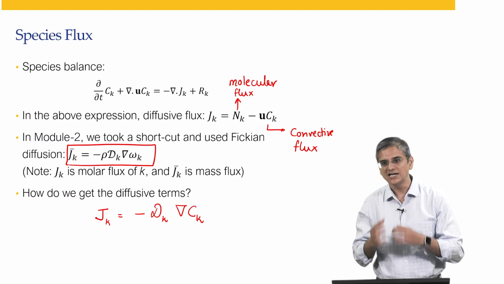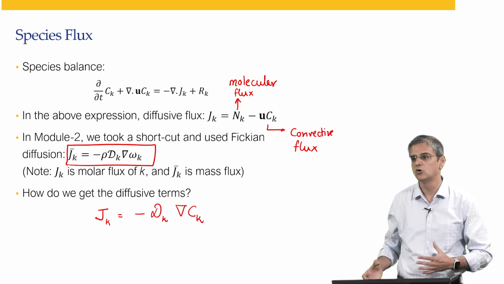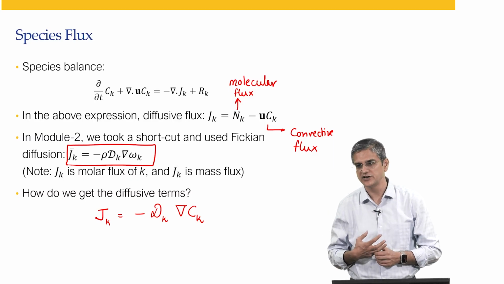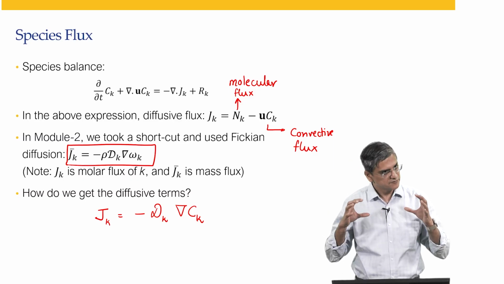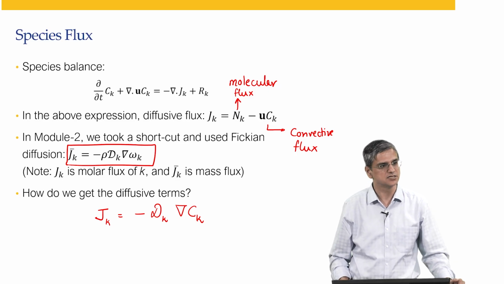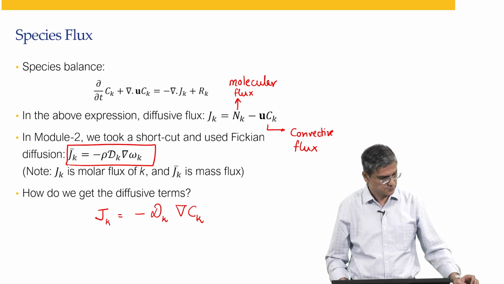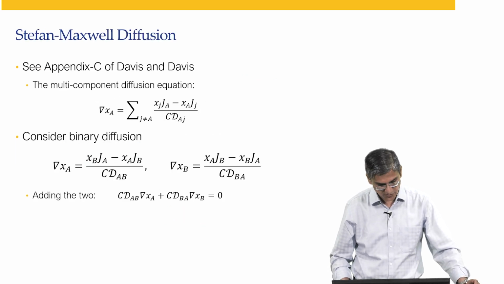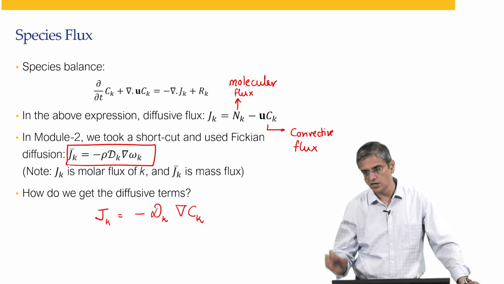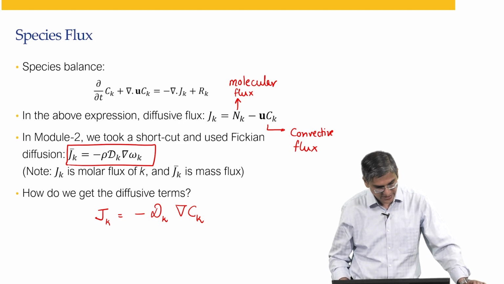That diffusive part, through a whole lot of research and experimentation, and over the last 60-70 years through a whole lot of modeling, we have now pinned down to what are the factors that it depends on. That is where two laws come in, Fick's law and Stefan-Maxwell's law. Fick's law is going to talk about diffusion under dilute conditions, or diffusion when it is binary.